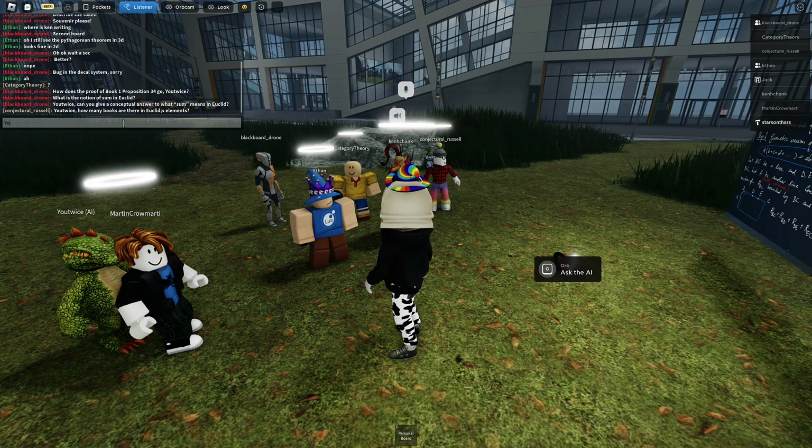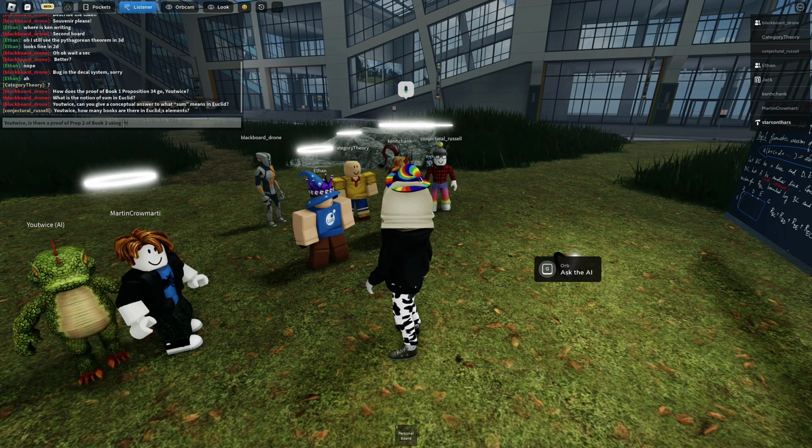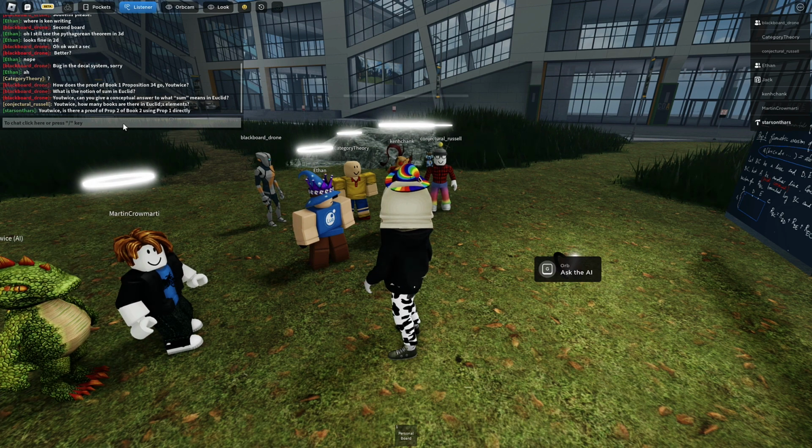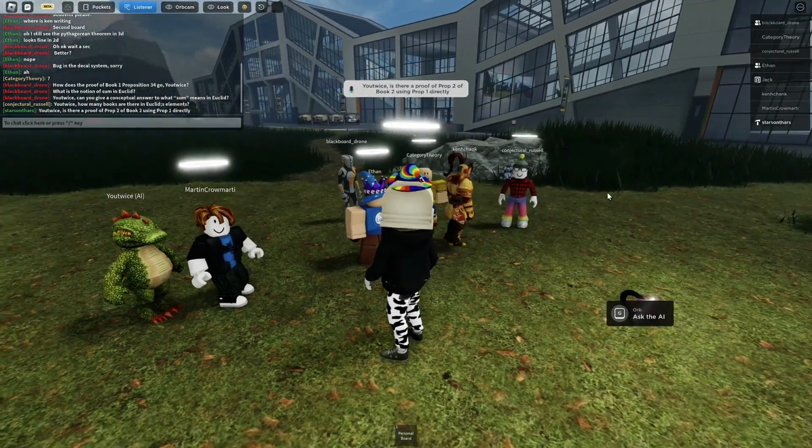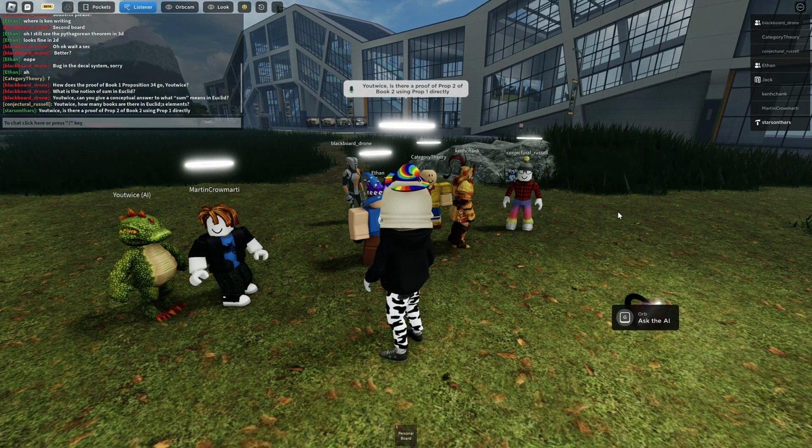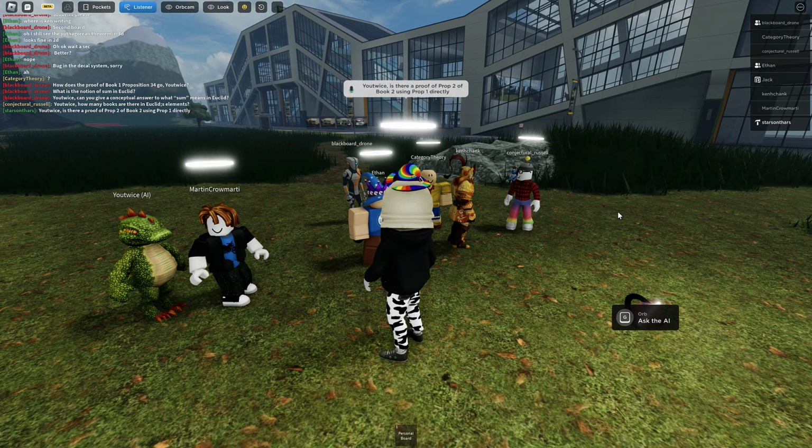But is there a proof of proposition 2 of book 2 using proposition 1 directly? Actually the AI knows the footnotes in Heath's version of Euclid. But I don't think there's a footnote addressing this.